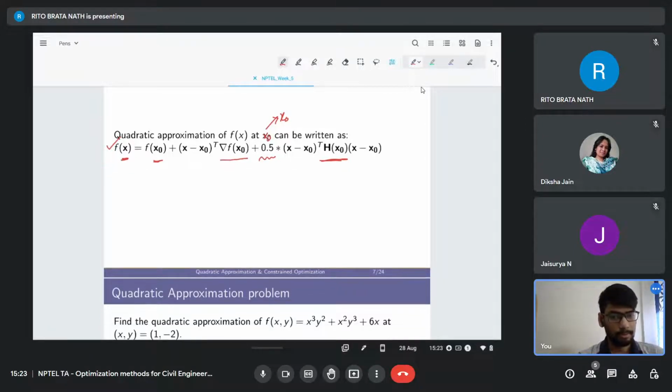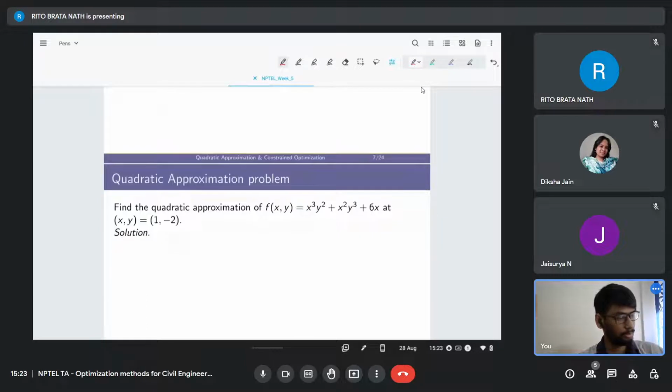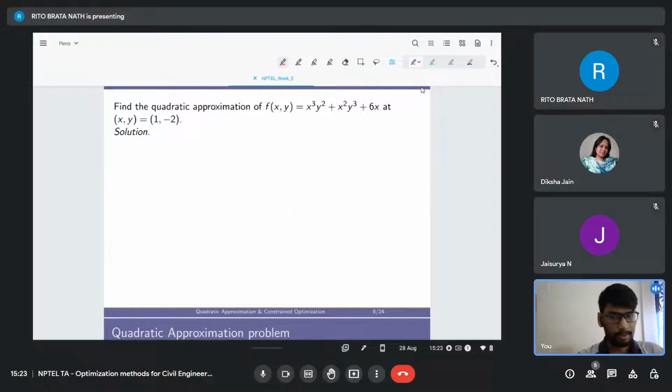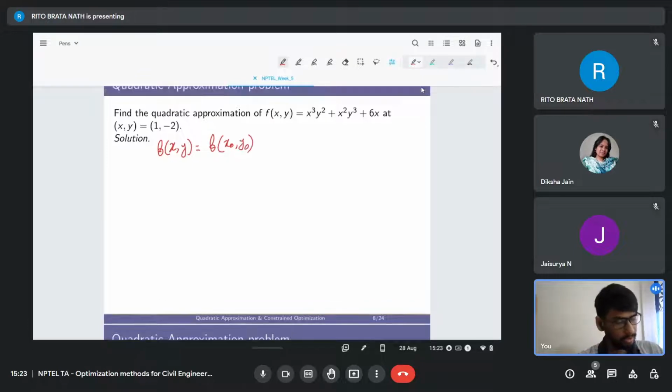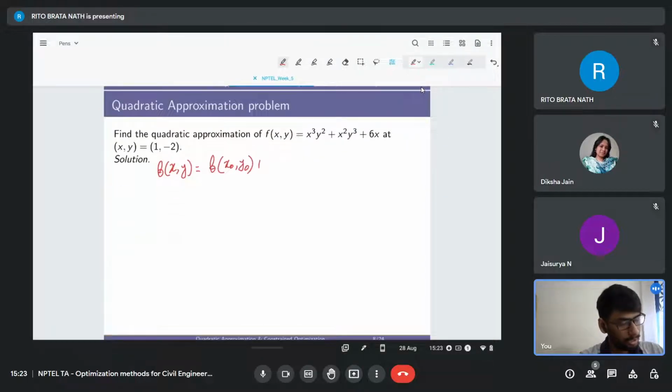So now let's try and solve a problem, and probably I'll ask you what the steps will be. I have to approximate this function at the point x, y equals 1 comma minus 2. So I'll write down the expression in terms of x and y. The approximation expression will be f of x naught comma y naught. It's similar to the previous slide, but written slightly differently. Then I'll have the gradient of f at x naught comma y naught, multiplied by the vector x minus x naught, y minus y naught.